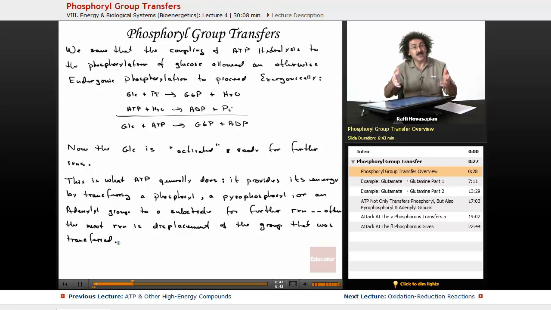So literally what you're doing is you're taking a molecule that often doesn't have a very good leaving group. By attaching a phosphoryl to it, you've created a good leaving group. Good leaving groups want to leave, so it's going to pull the reaction forward. Its energy content has been increased, so now in a reaction it's going to have a negative delta G when it reacts further. Hopefully that makes sense, but we'll see more of it here.